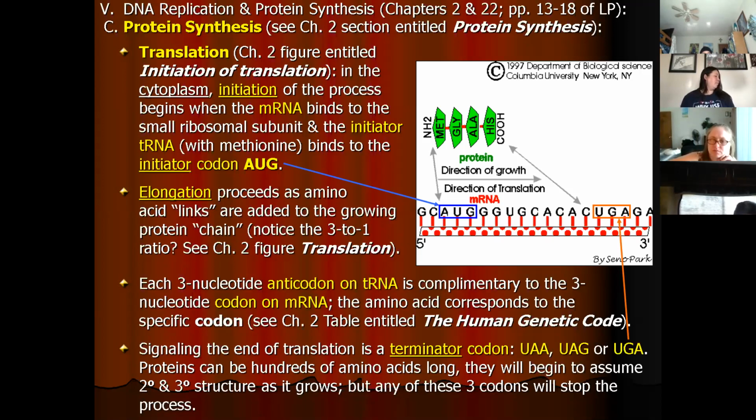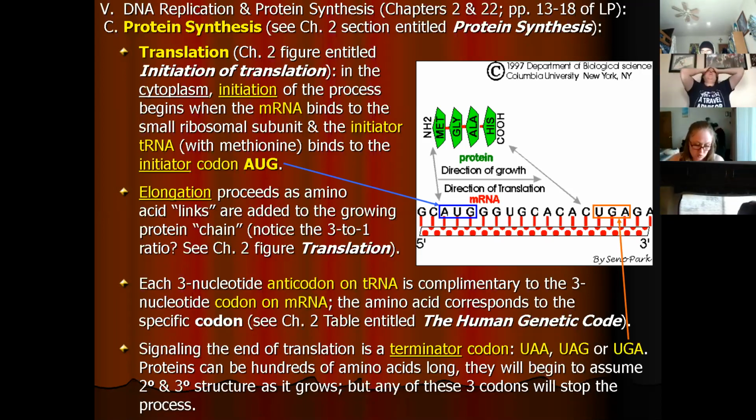So 3 would be termination. And again, you had over here one of those 3 terminator codons. Just remember, codons are on messenger RNA.